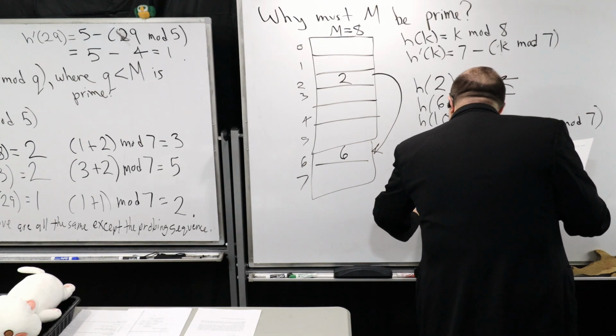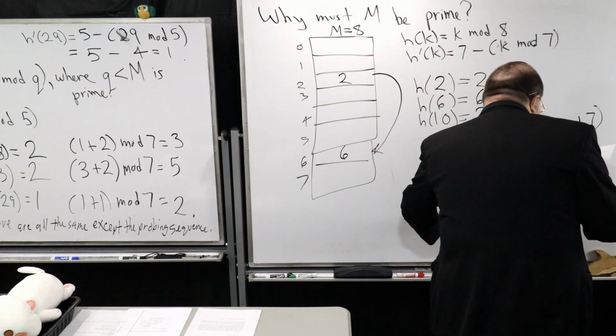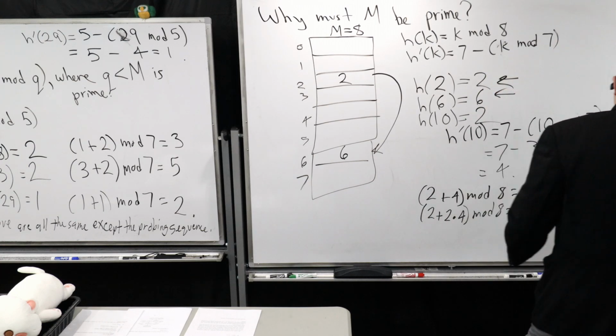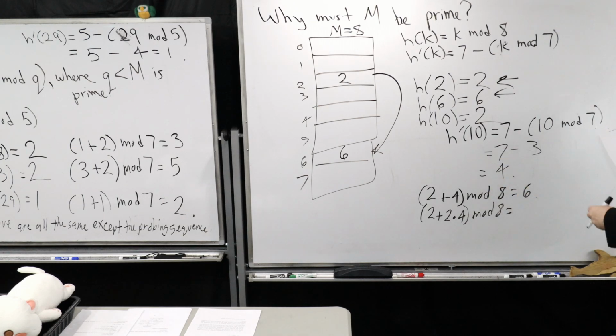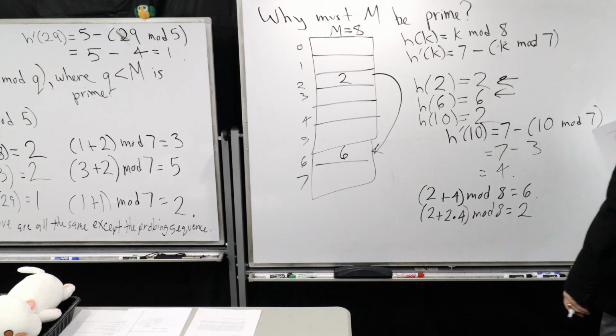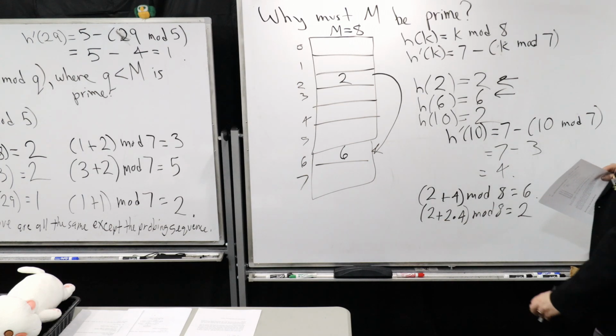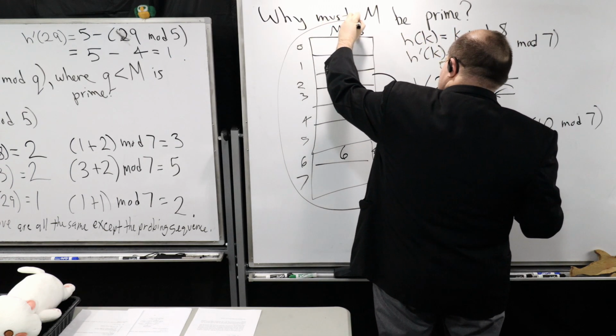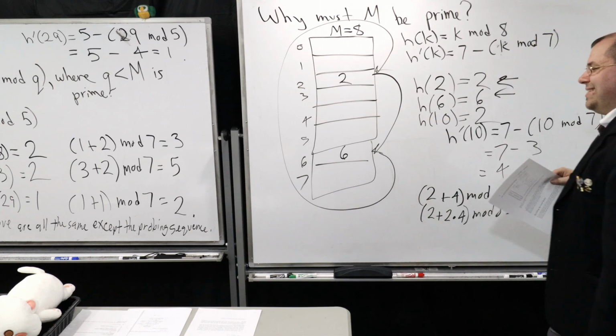So I need to go 2 plus 2 times 4 mod 8. But 2 times 4 is 8. So 8 mod 8 is 0, but 2 mod 8 is just 2. So I end up with 2 again. So I'm going to perform a hop all the way back over here.